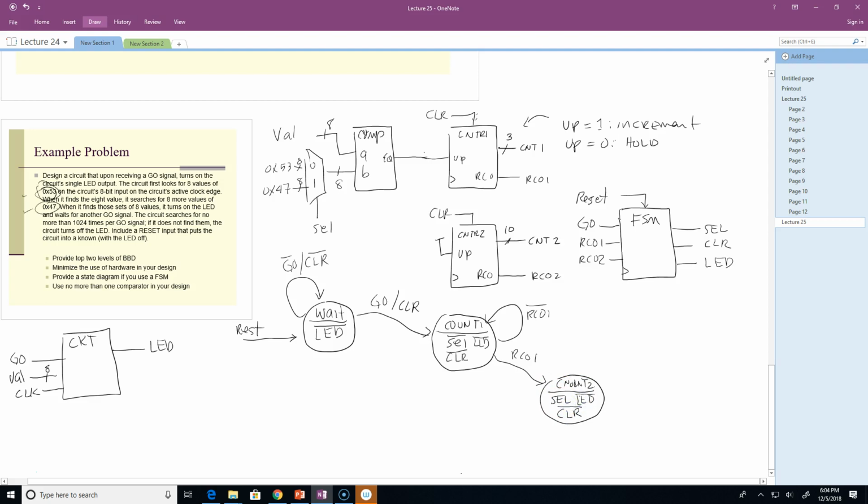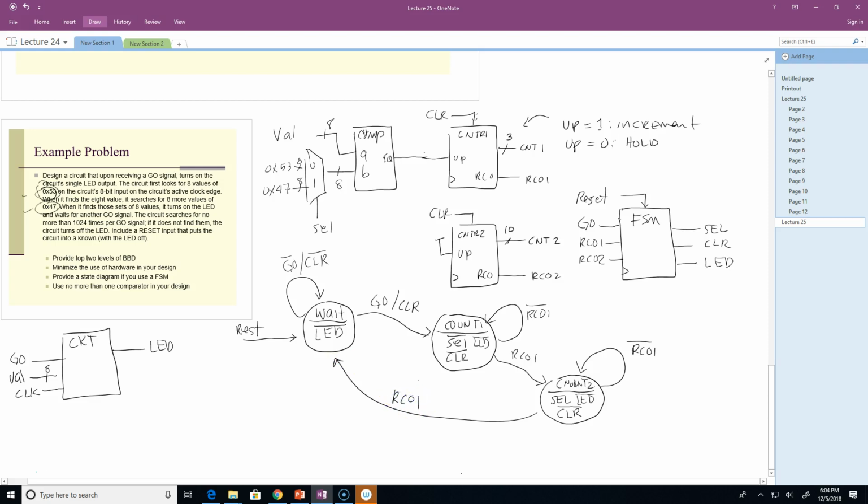Once again, from this dumb guy approach, I'm in this state and I'm going to stay here so long as RCO1 is off. And once I get an RCO1, I'm going to go back to the beginning state.